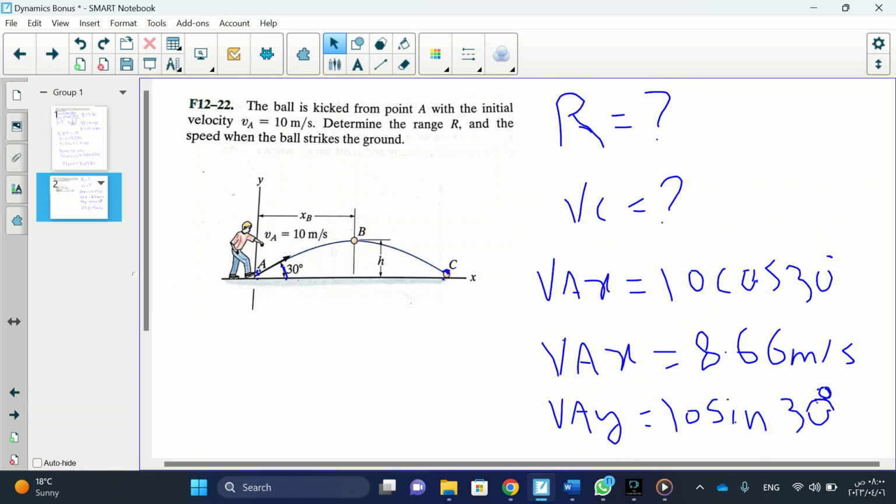We know that when it starts from the origin, it means it was 0 at the origin.